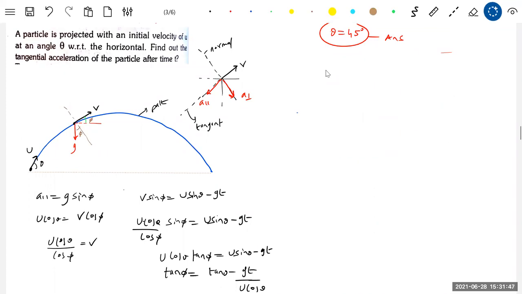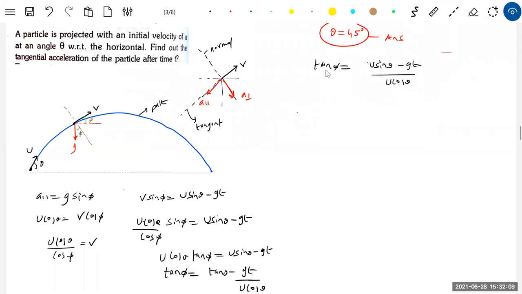Let's try to do this here. Anybody? Tan phi is there. Further, what can we do? Tan phi is equal to u sin theta minus gt by u cos theta.